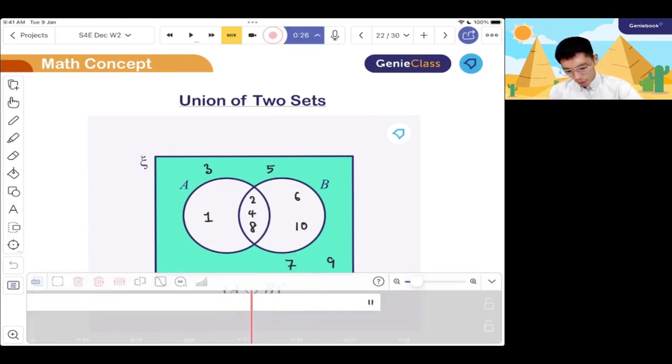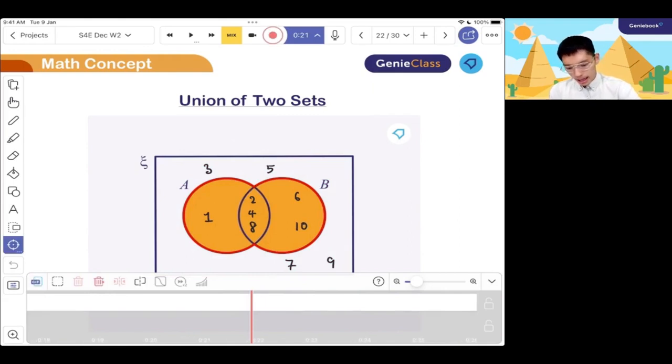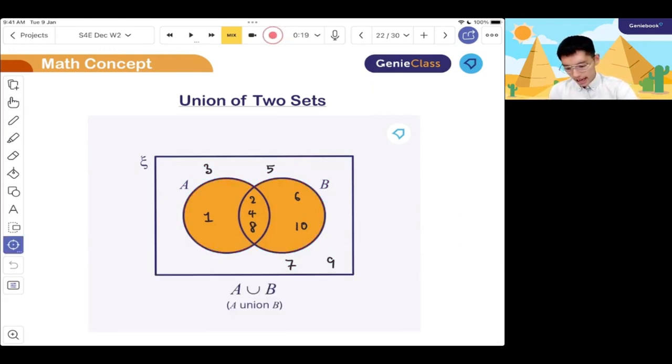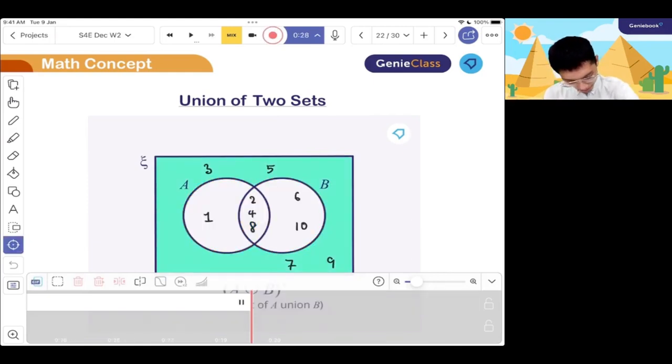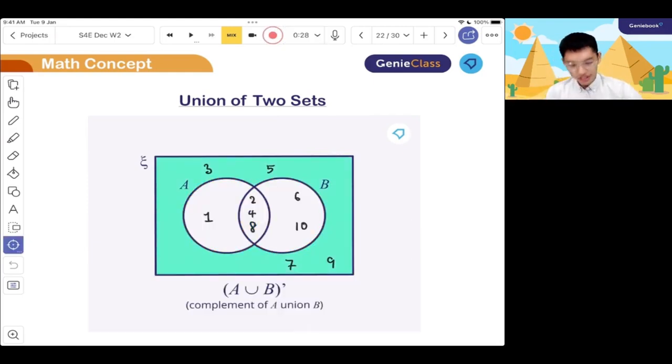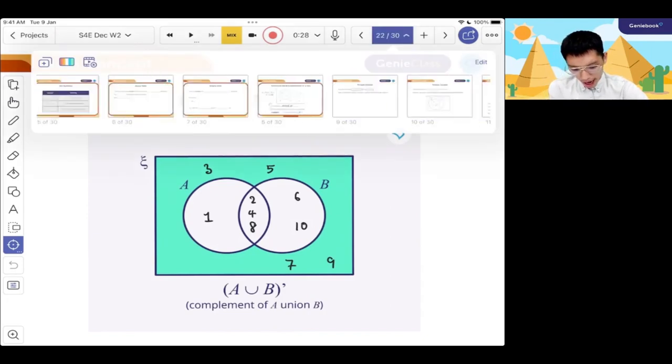If I rewind my animation over here, let me just go to that notion. All right, A union B is this over here, either A or B or both, and then the complement on the other side is just everything that's outside. I hope this gives a clearer picture before I bring down my work example 3.